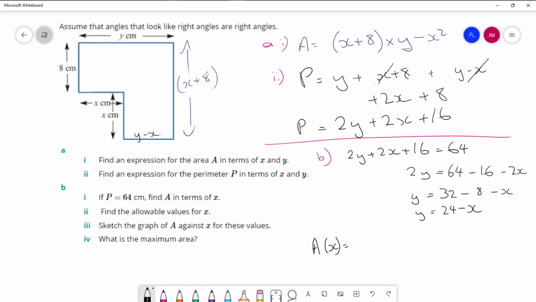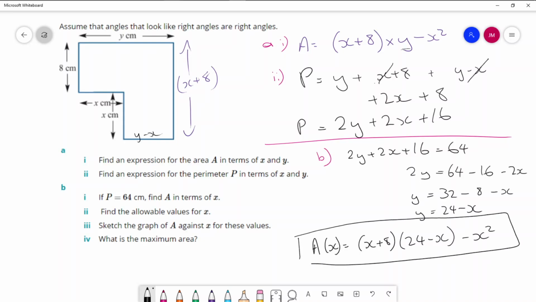My area formula at the top was x plus 8 times y, which I know is 24 minus x, minus x squared. So now I've got a formula for my area just in terms of x. Okay, so that is part B, part I.